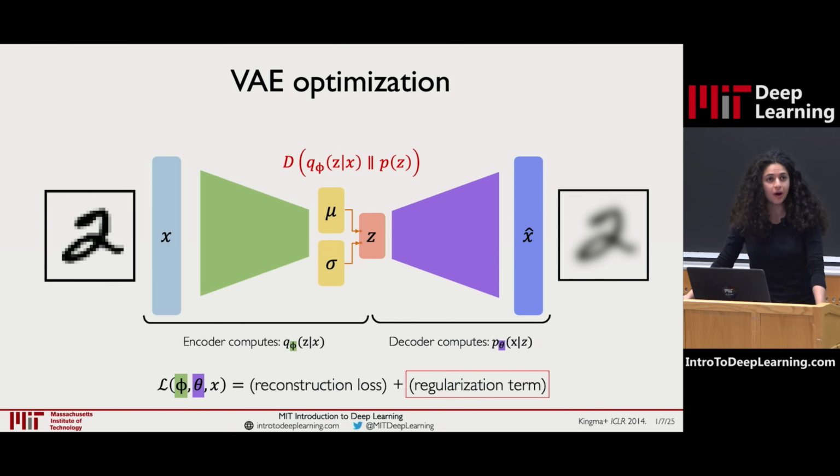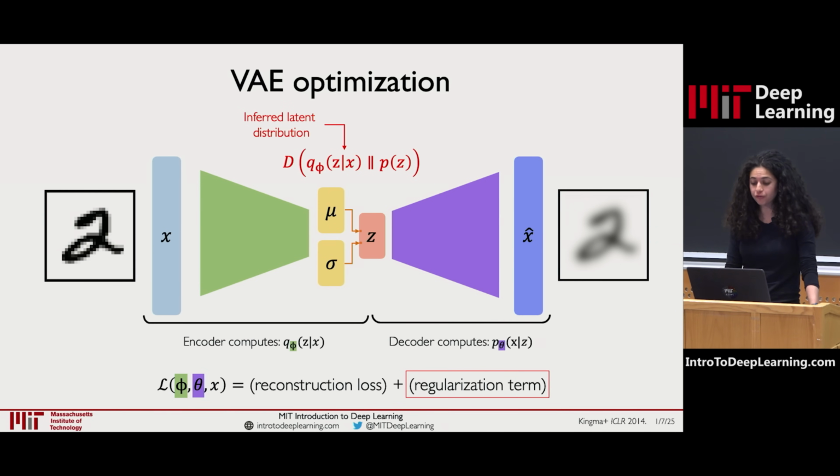Now, with the regularization term, things get a little bit more interesting. Recall that we're trying to learn a probability distribution over these latent variables given the data x, and that's what's computed by the encoder. As part of regularizing this probability distribution, we want to make some initial prior guess on what these distributions of the latent variables should look like.